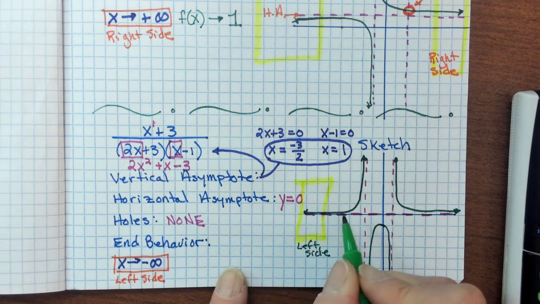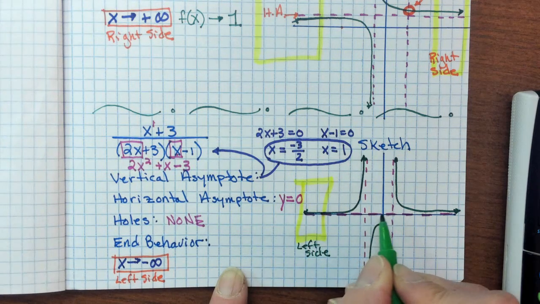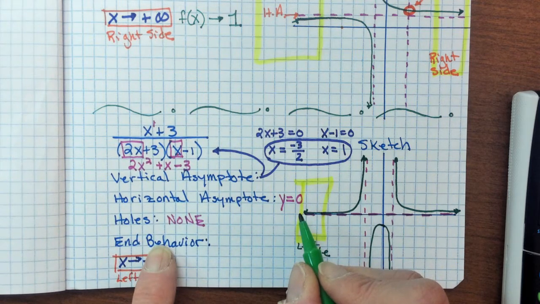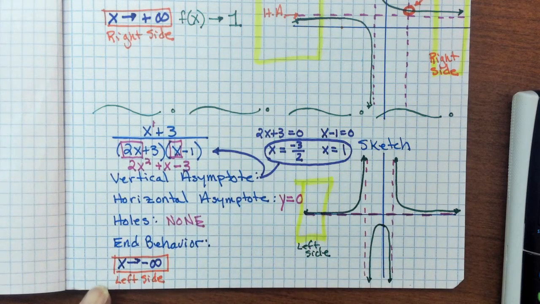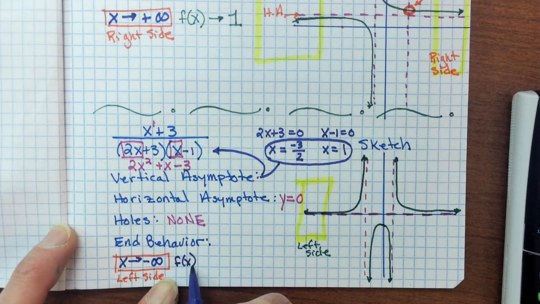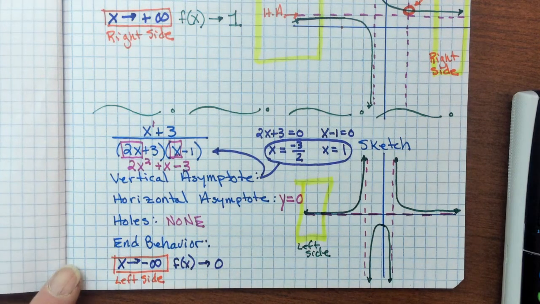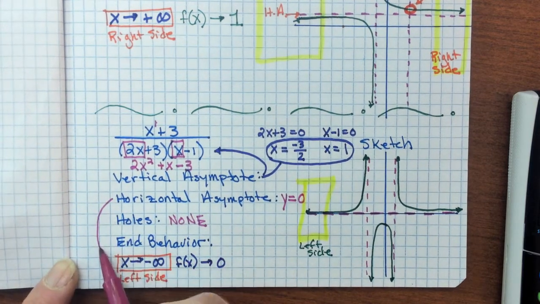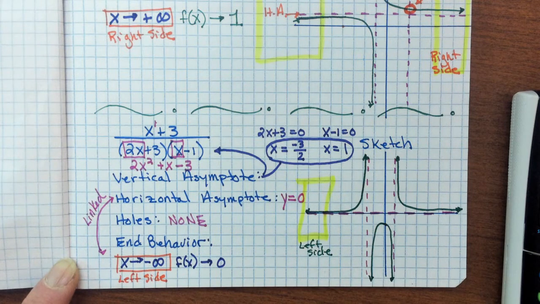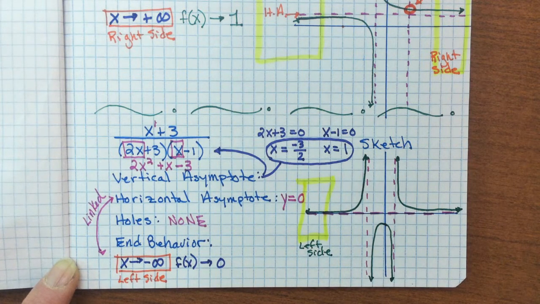Where's the function going? Well, it gets stuck where y is 0. Notice my horizontal asymptote and my end behavior are the same. So I'm going to say that my function is going to 0. Okay? So notice that these here are linked. They're connected. End behavior and horizontal asymptote are related.